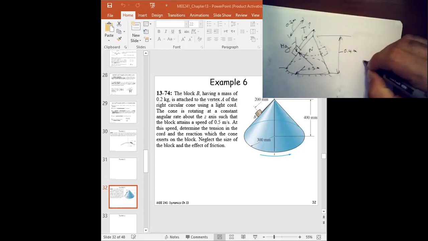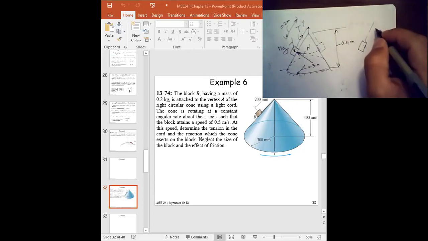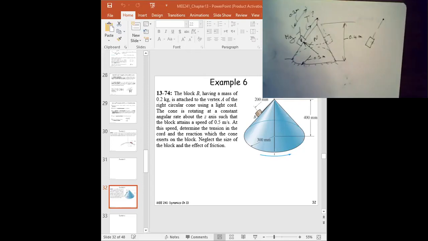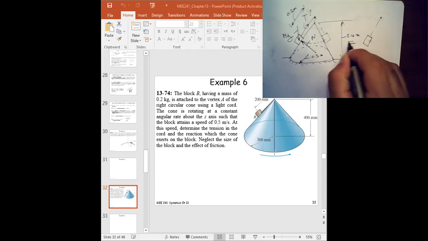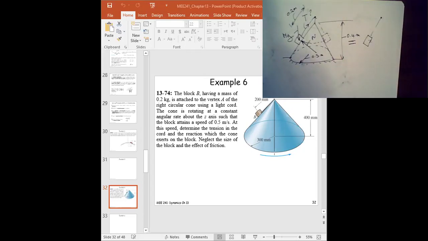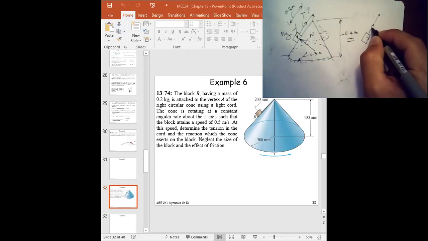No. I'm going to draw another diagram, right? So this is a block, and this is the orbit. How do you think the normal acceleration is going to look on this block? Towards the zero axis? Point to the center of the curve.